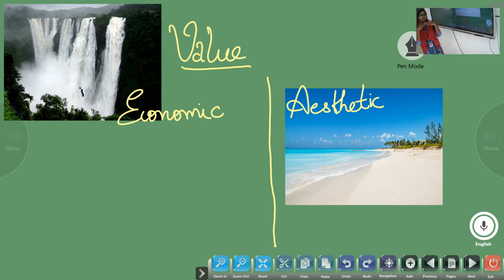Do you know that because of waterfalls, electricity is generated? By putting a few pumps and motors below where the water falls, because of the speed at which the water falls, the instruments run and electricity is produced.